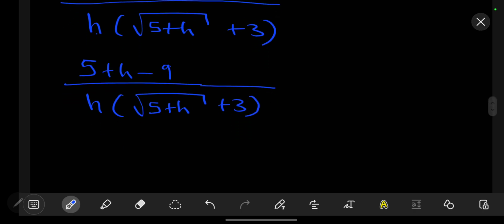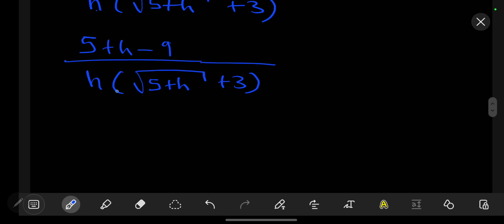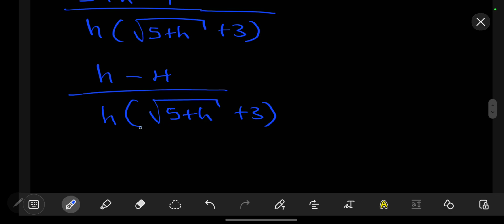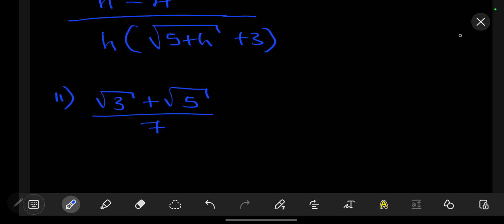Here we are remaining with h, then negative 9 plus 5, which will be negative 4, over h times the square root of 5 plus h, then plus 3 like that. With this done, we have rationalized the numerator, as there is no radical on the numerator. Let's look at our next problem.